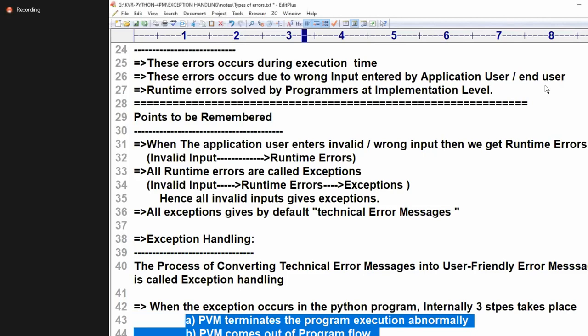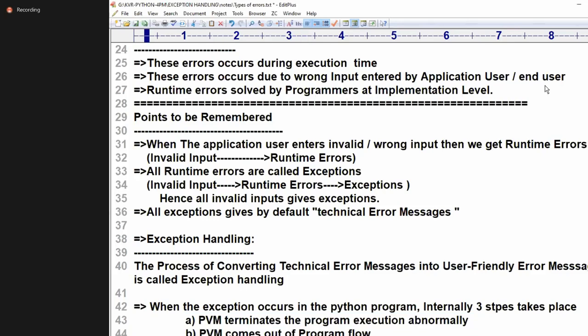In Python, everything is an object, because we have seen from the beginning, from the variables onwards, that everything is an object. Now I am writing: to do A, B and C steps, what will happen?